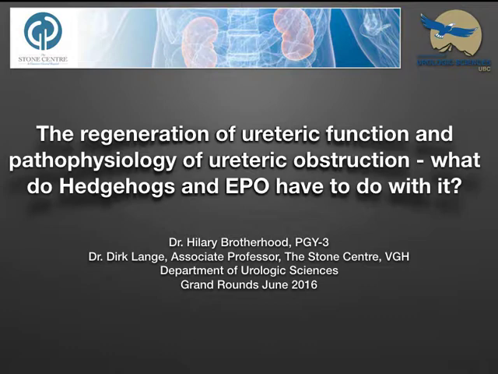So to do this, we actually performed unilateral ureteral obstruction in mice. We've seen several studies earlier looking at larger animals. Anybody can obstruct a ureter in a larger animal. We decided to take on the challenge and do it in a mouse. So what we did was we obstructed the ureters using atraumatic vascular clamps for 24 hours, 48 hours, and 72 hours.